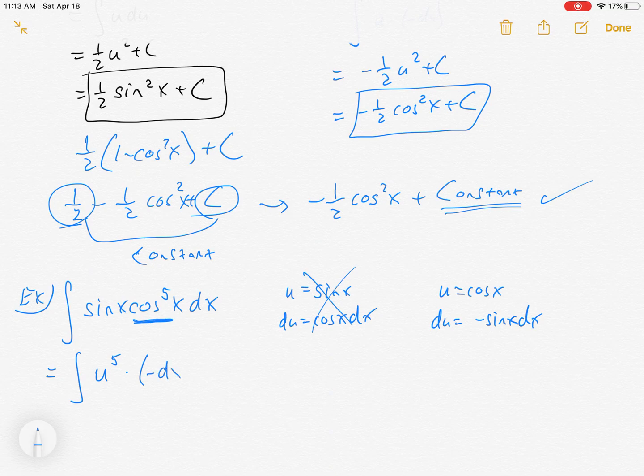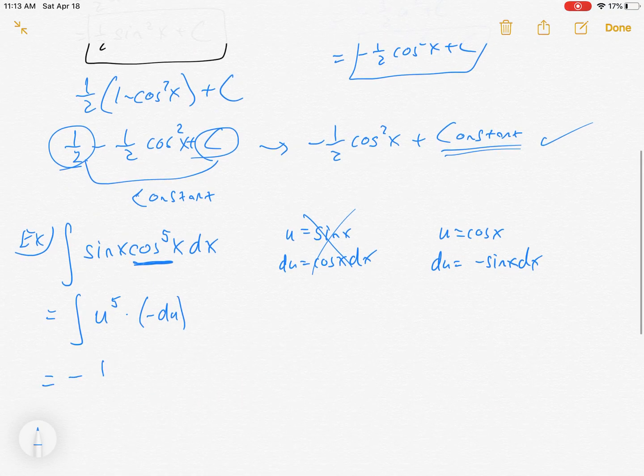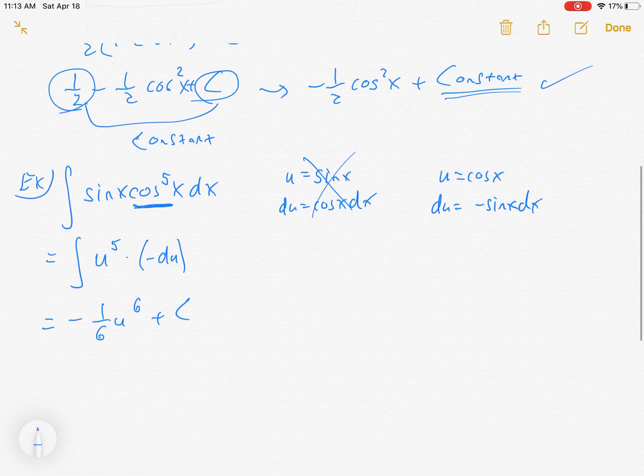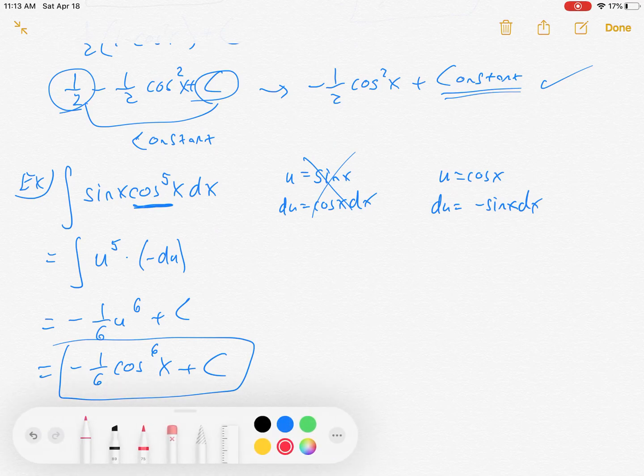This becomes the integral of u to the 5th times negative du. In other words, negative 1/6 u to the 6th plus c, or negative 1/6 cosine to the 6th x plus c.